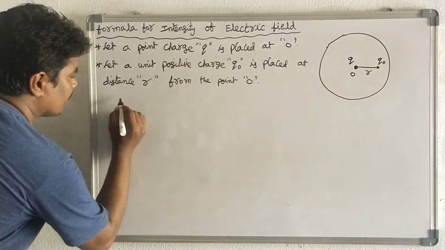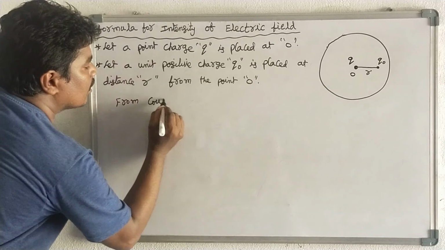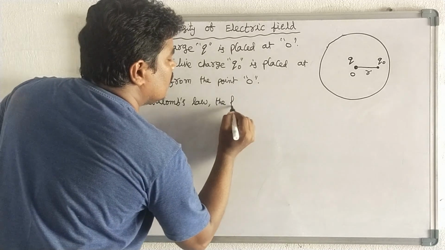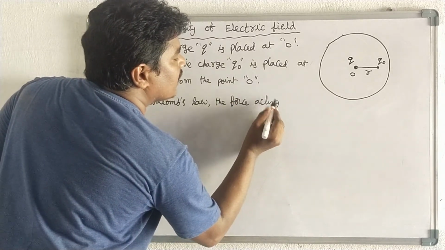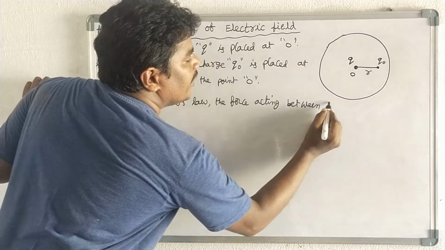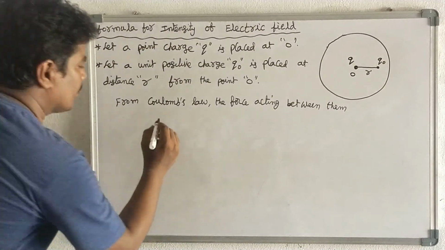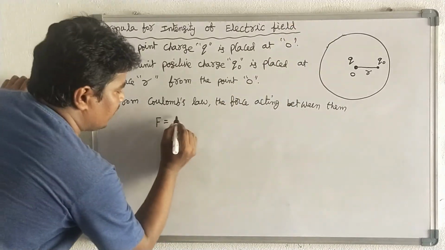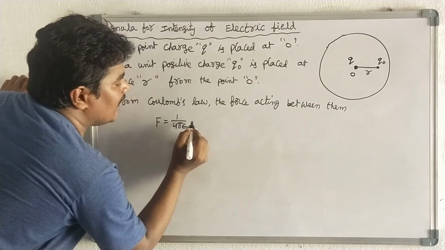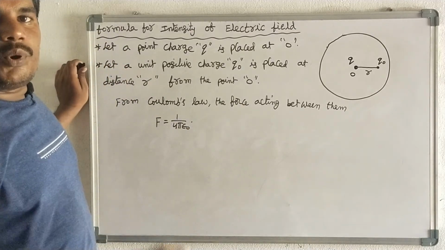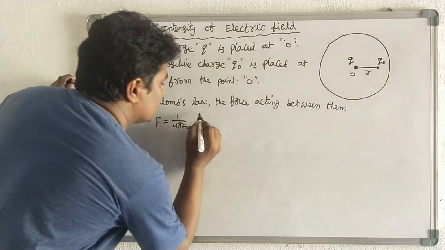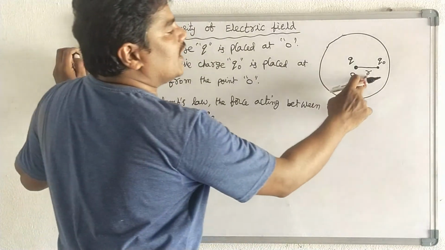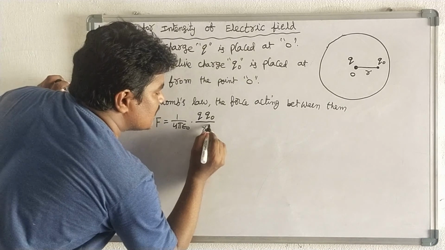From Coulomb's law, the force acting between them, these two being in air or in vacuum, is F is equal to 1 by 4 pi epsilon naught into the product of magnitudes of the two charges, that is Q into Q0, by the square of the distance between them, that is R square.